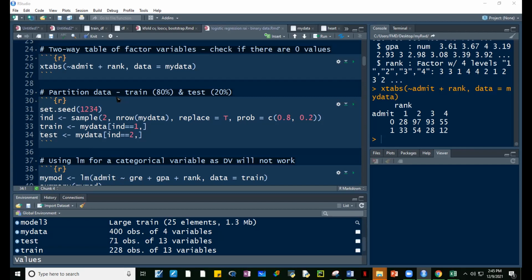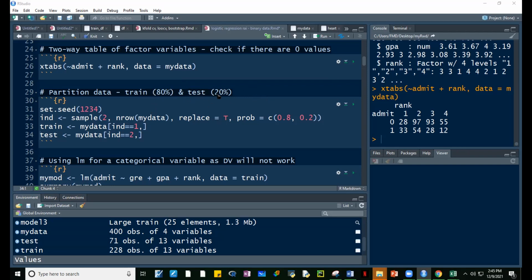So what's done in modeling is that we split our data into two, sometimes into three. I've seen some do it into three data sets with train, validate, and test. But for our purposes, we'll just divide it into two: train and test data set.